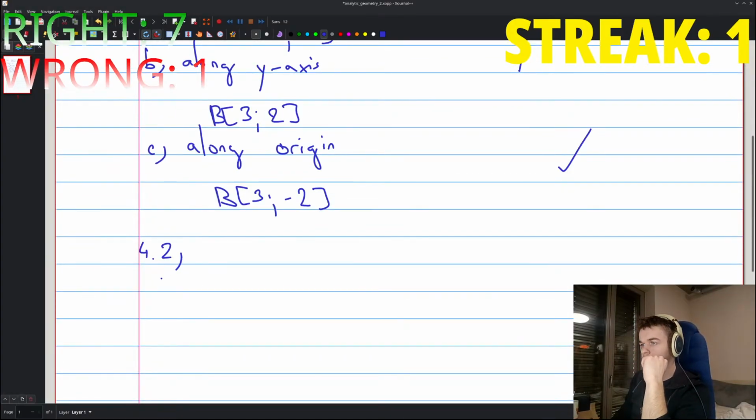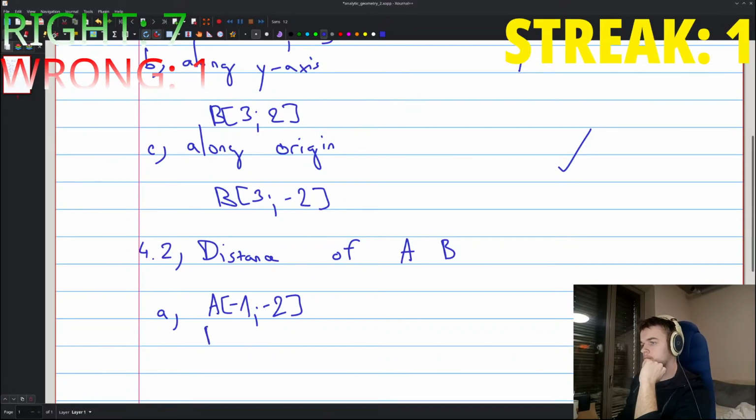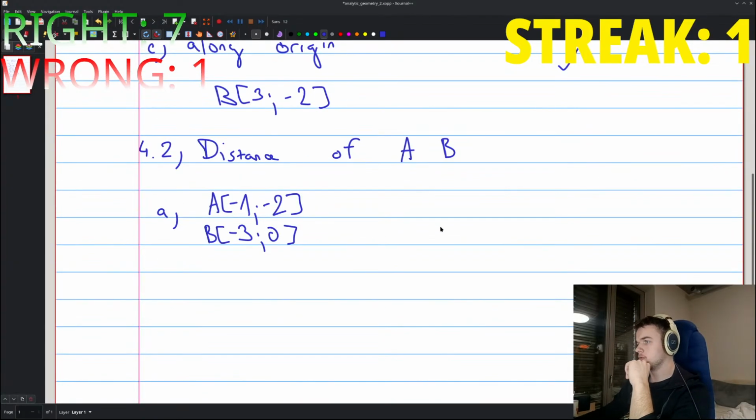4.2. Distance of points. I'll just do 2, for example.